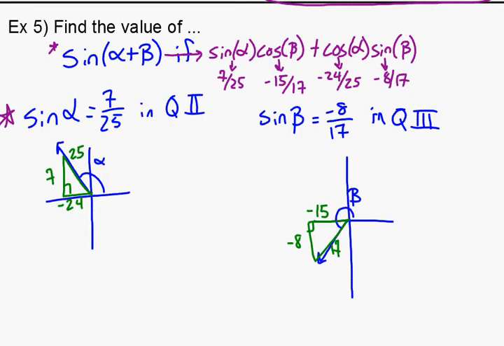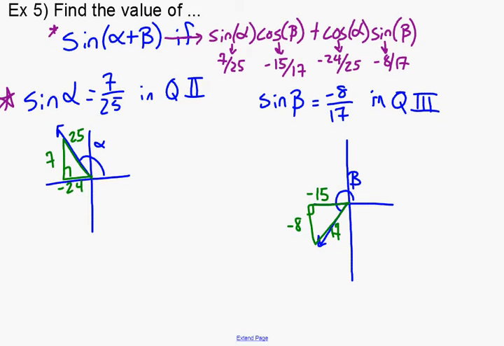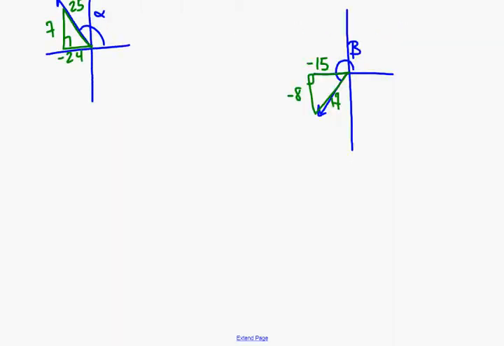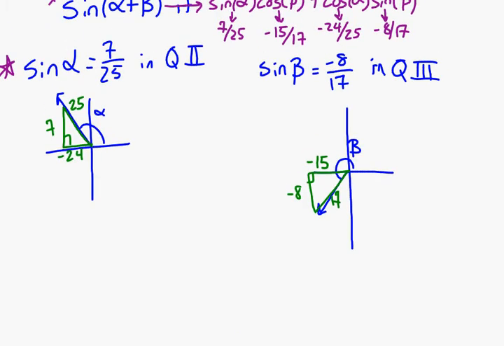Let me scroll down a little bit and just rewrite this so I can see it a little bit better. Let me extend page and scroll up. I'm going to write it in one big statement so I can see it. Sine of alpha plus beta equals sine alpha, which I found was 7/25. Actually, I was given that, so that was easy. And then times cosine beta, which I found was -15/17.